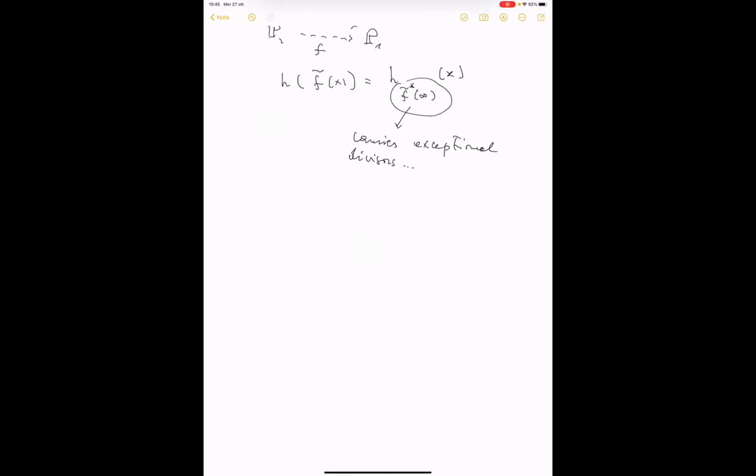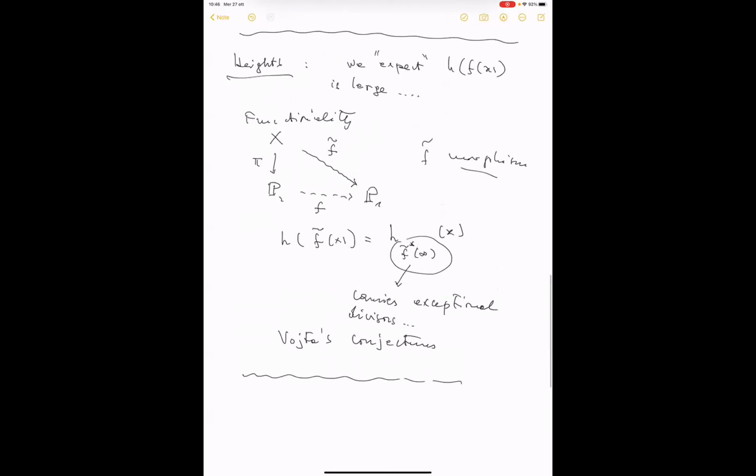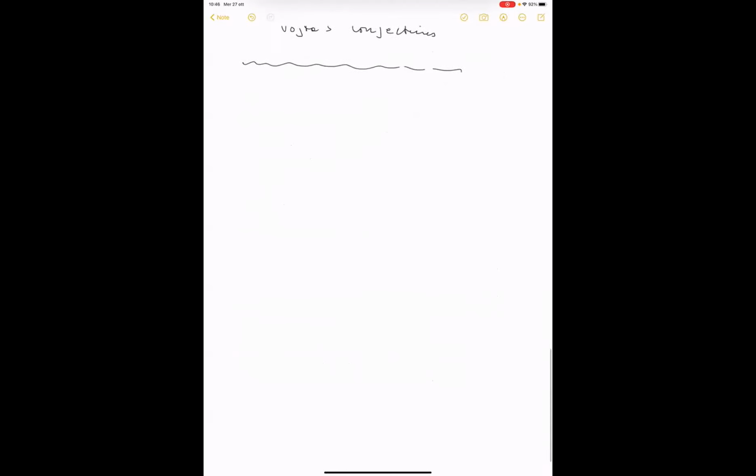We cannot manage in practice, and we fall immediately in the realm of Vojta's conjectures. With Vojta's conjecture we can't say much, but these are widely open conjectures, similarly to the Bombieri-Lang conjecture. So let us forget about this, but I wanted just to illustrate that the use of heights doesn't give anything if we don't use more.